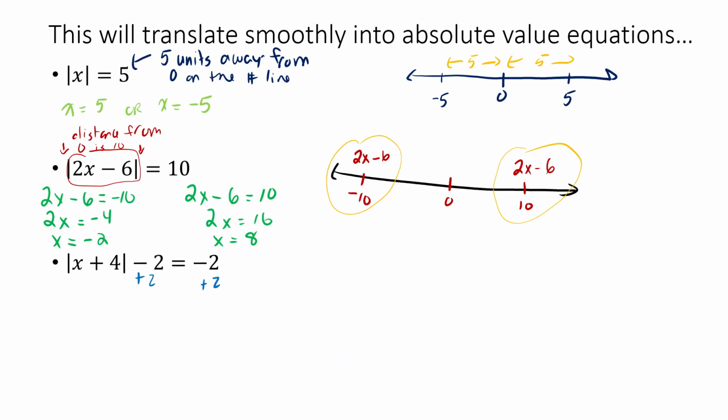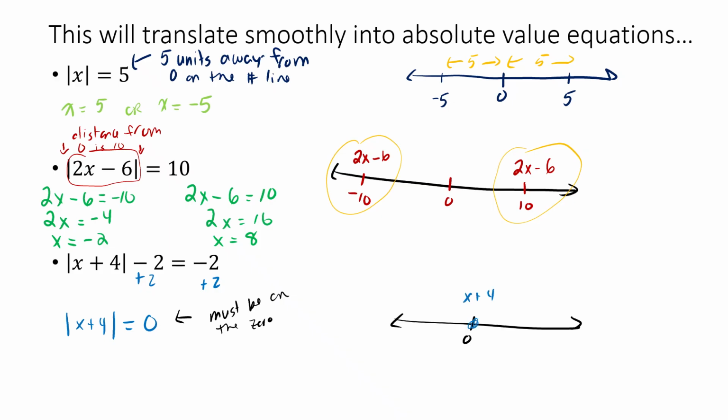And I wanted to make sure that we did look at this in this video, where -2 plus 2 is 0, so the absolute value of x plus 4 is equal to 0. Well, what does that mean in terms of the number line? It must be on the 0. So if its distance from 0 is 0, then it must be on the 0.